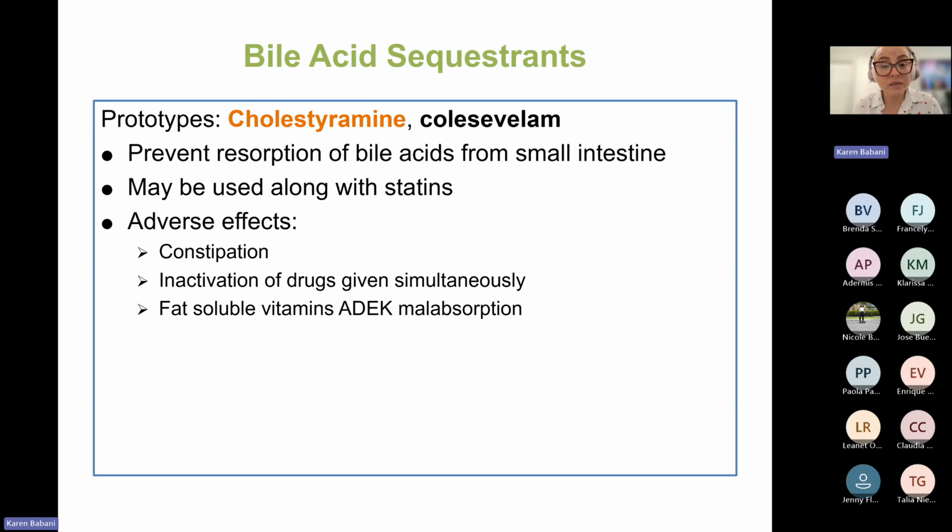This medication is not going to allow them to absorb that. And inactivation of drugs given simultaneously. What does that mean? If you have to give another medication along with a bile sequestrant and you want the medication to work, you need to give them at least 2 hours apart. You cannot give medications together with this because it's going to block the body from absorbing that medication.